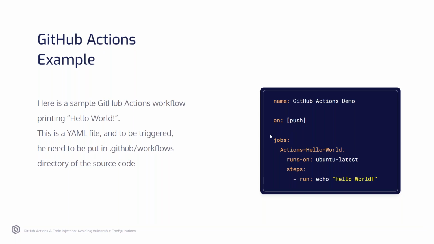And lastly, the jobs that it should run. In this example, we have one job called Actions Hello World that should be run on an Ubuntu machine and has one step that echoes Hello World. And that's it. It's as simple as it sounds.